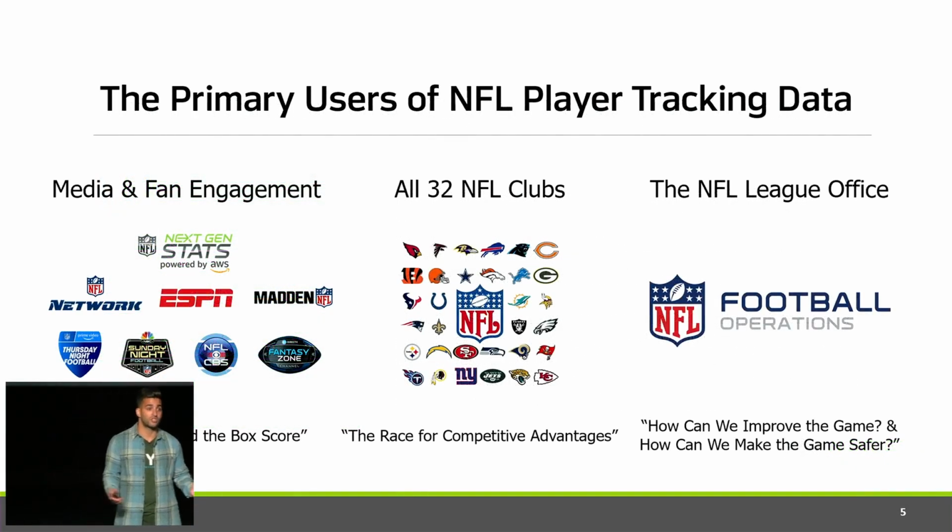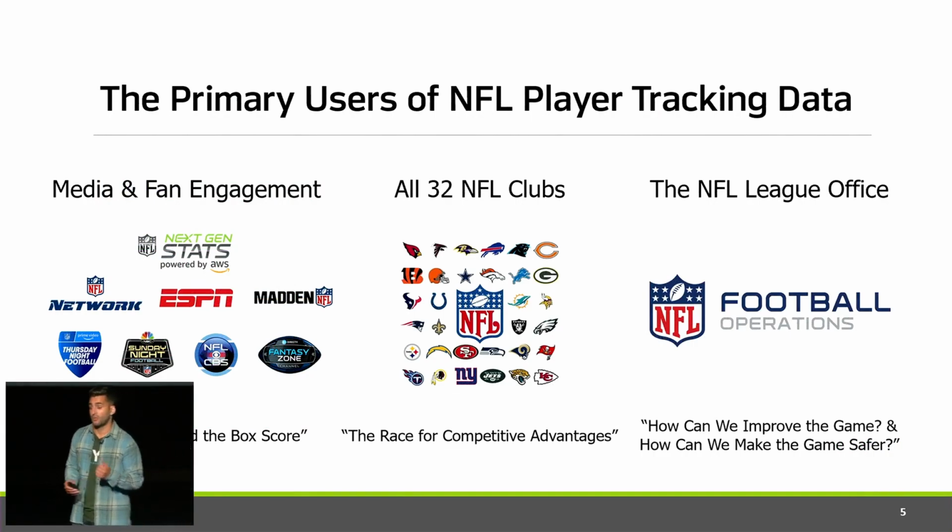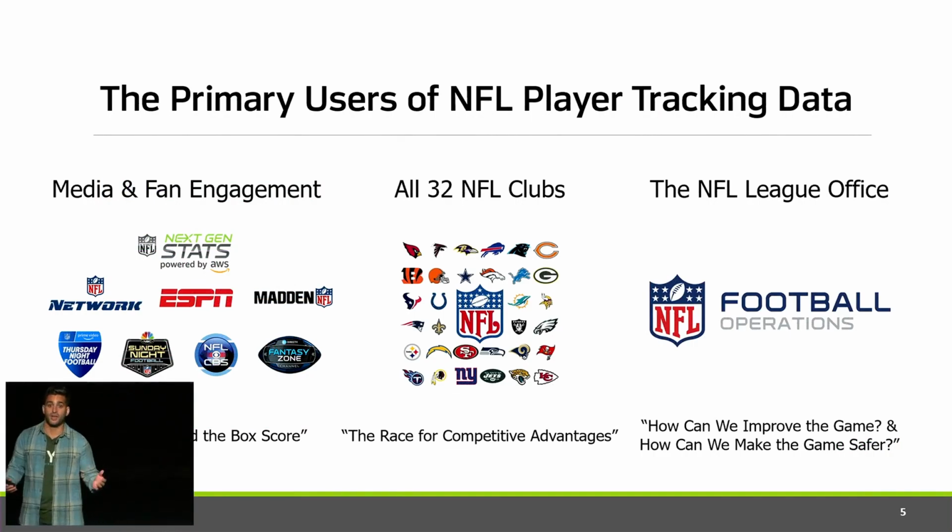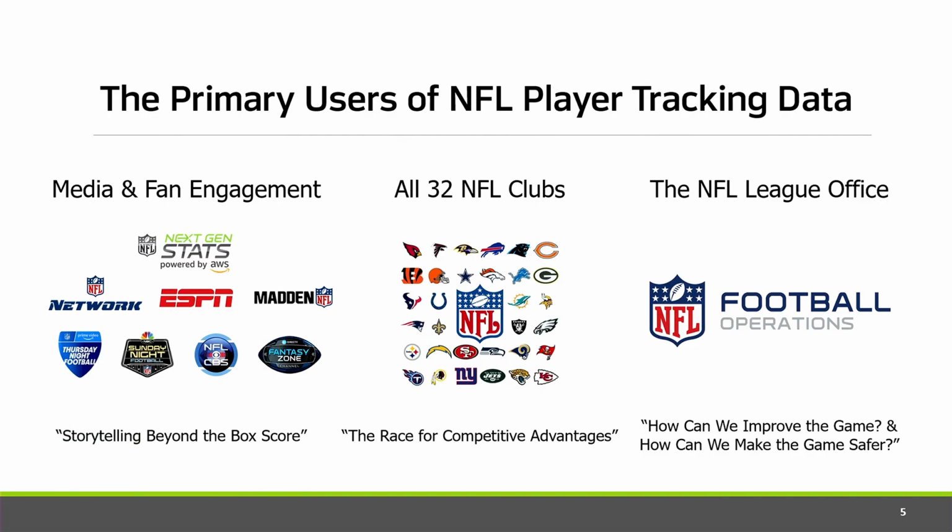So who's using Next Gen Stats data? Well, first we got to start with the broadcast and how do we engage fans with better data and more valid metrics. So this is going beyond the box score of yards and touchdowns and tackles to more complex metrics like the ones we're going to talk about today.